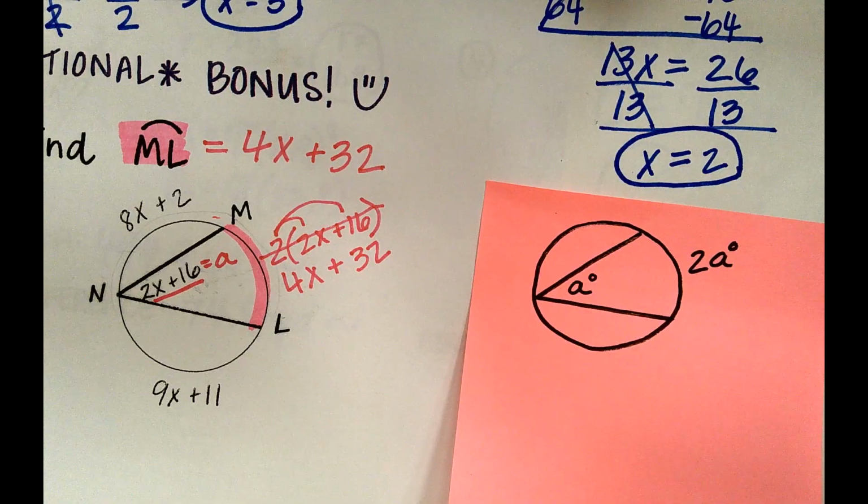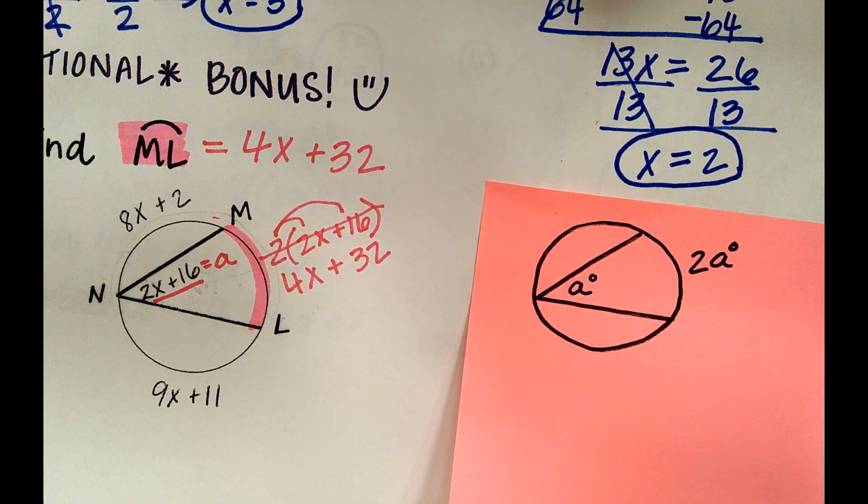Now that I know all of that, can we use anything to solve for x here? Think about circles and arcs. How many degrees are in a circle? Think about what we have labeled.